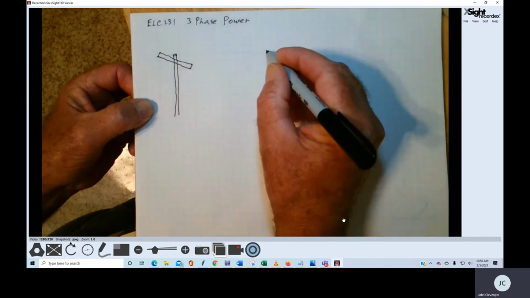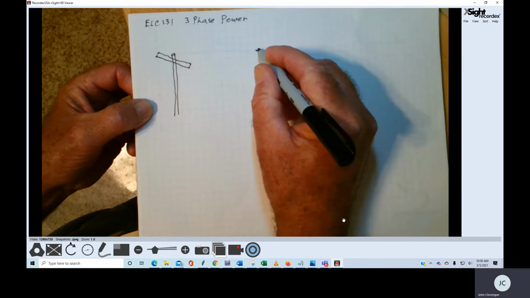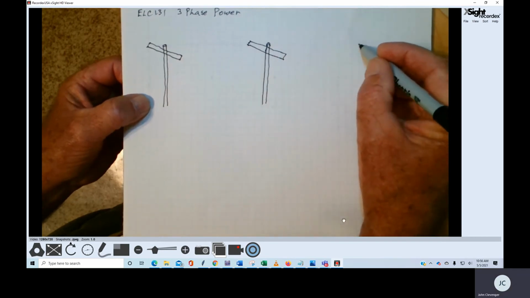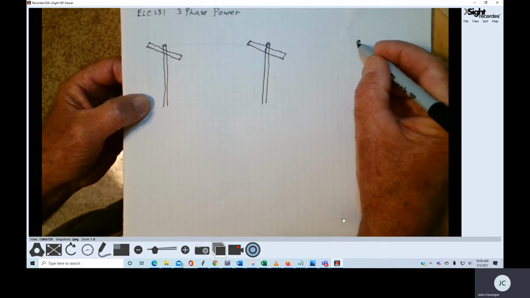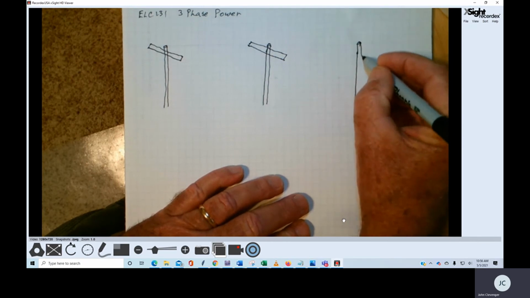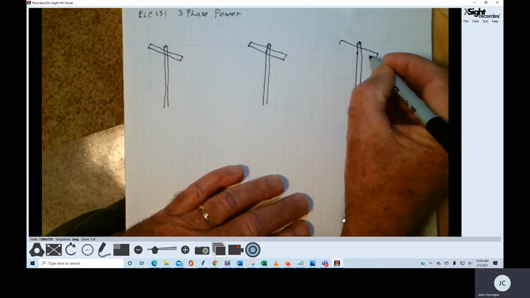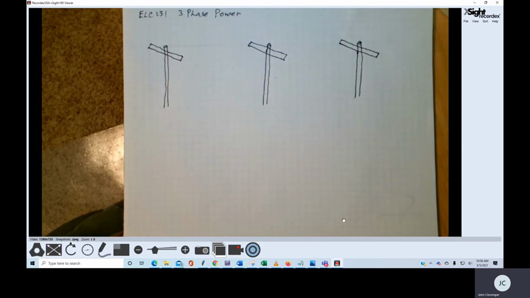And this one's got a spreader also. And there we go. And let's draw one more. It's another happy little power pole. There we go. One more. There we go. Some happy little power poles.